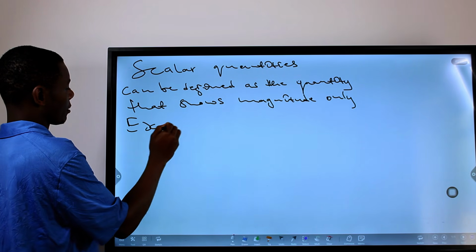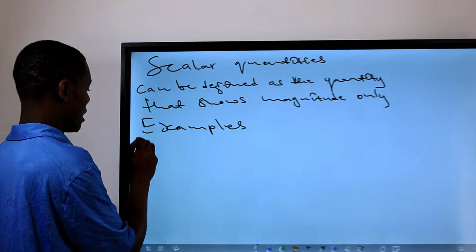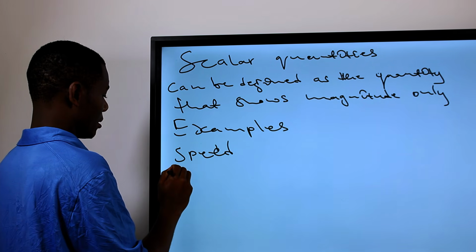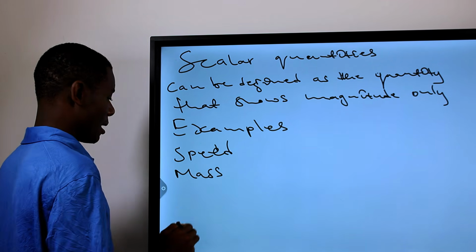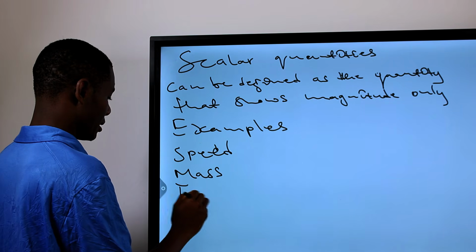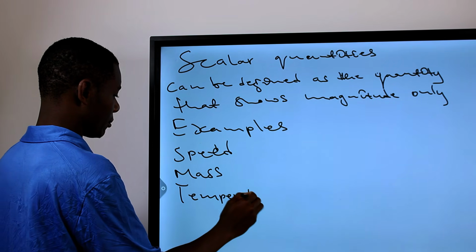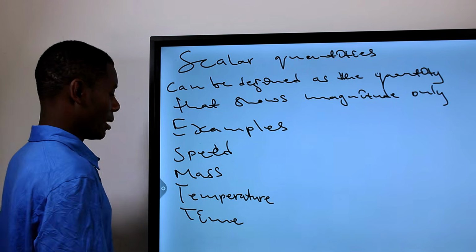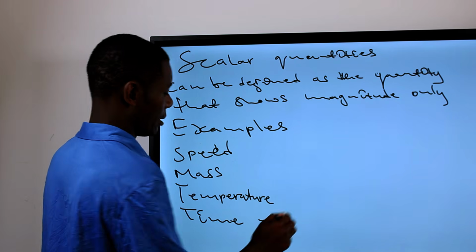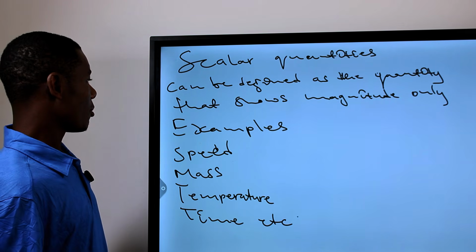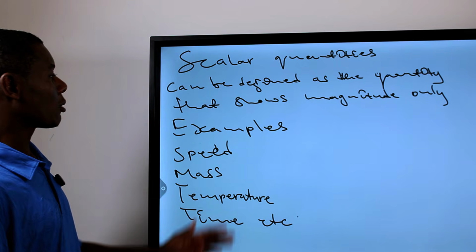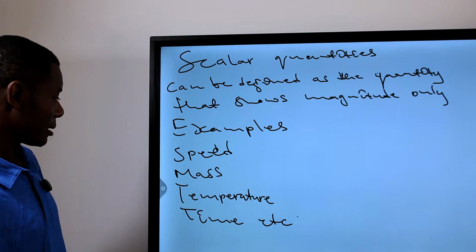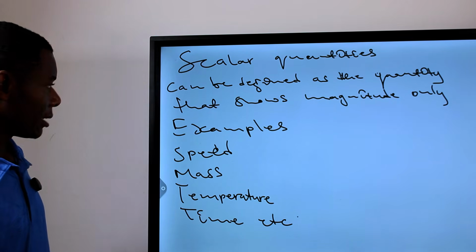Examples are speed, mass, temperature, time, etc. These are scalar quantities. Why are they called scalar quantities? Because they show magnitude only. For example, we have speed, mass, temperature, time, etc.